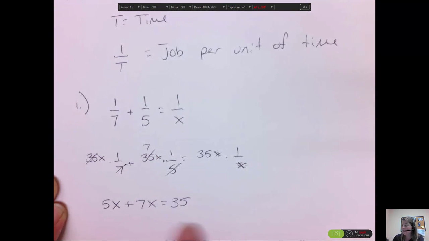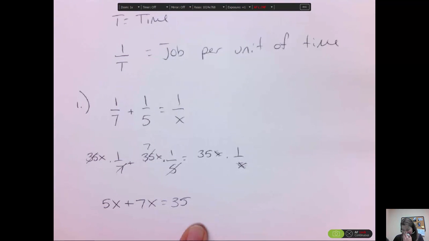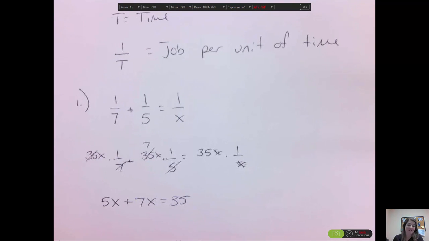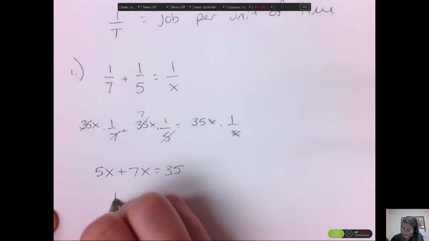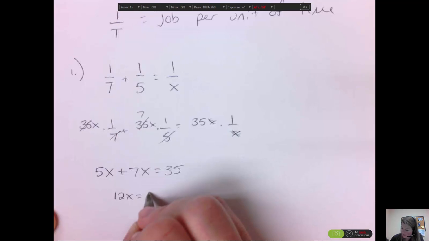Some people can get here with their logical thinking. I cannot. So from here, we add the 7x and the 5x, and that gives us 12x equals 35.